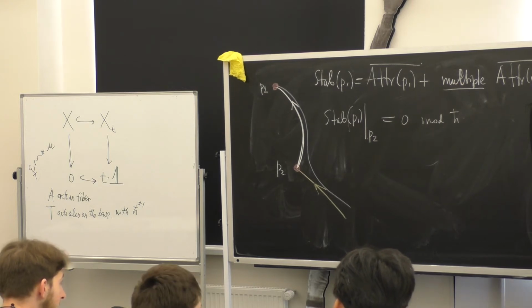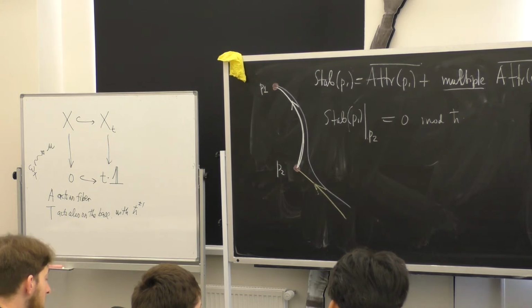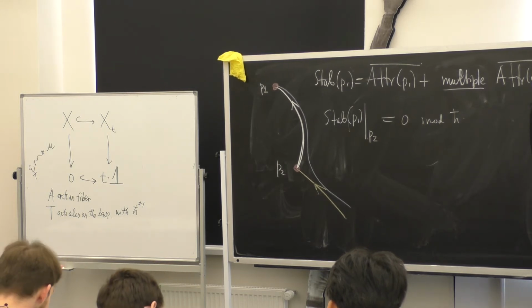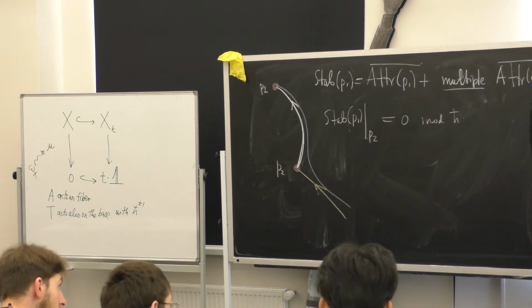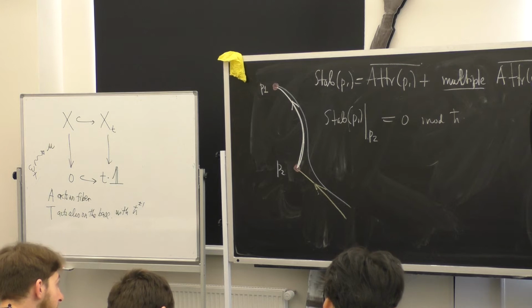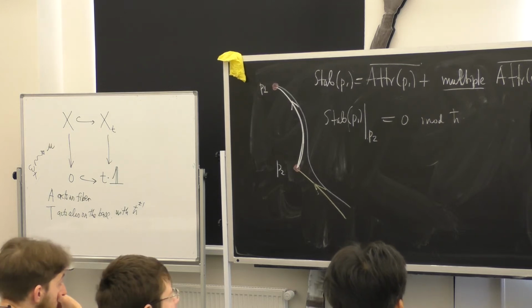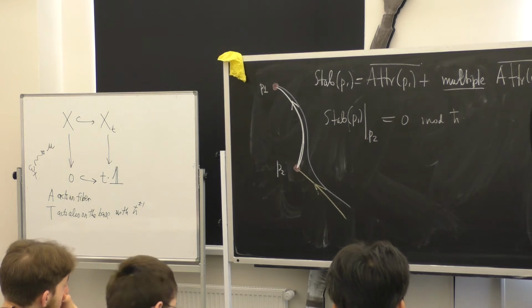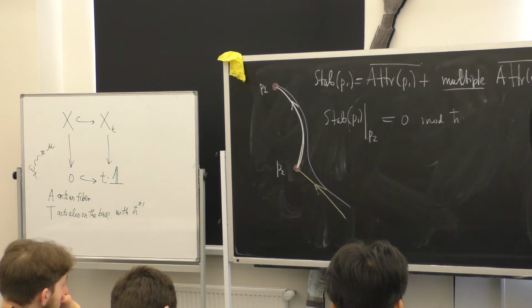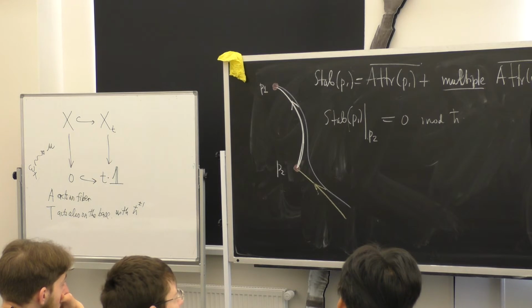Let's imagine this is 0, this is infinity, and let's say this is my weight A. A takes this point and attracts it. So A goes to 0. A takes this point, attracts it to 0. So the attracting manifold is actually P1 itself.